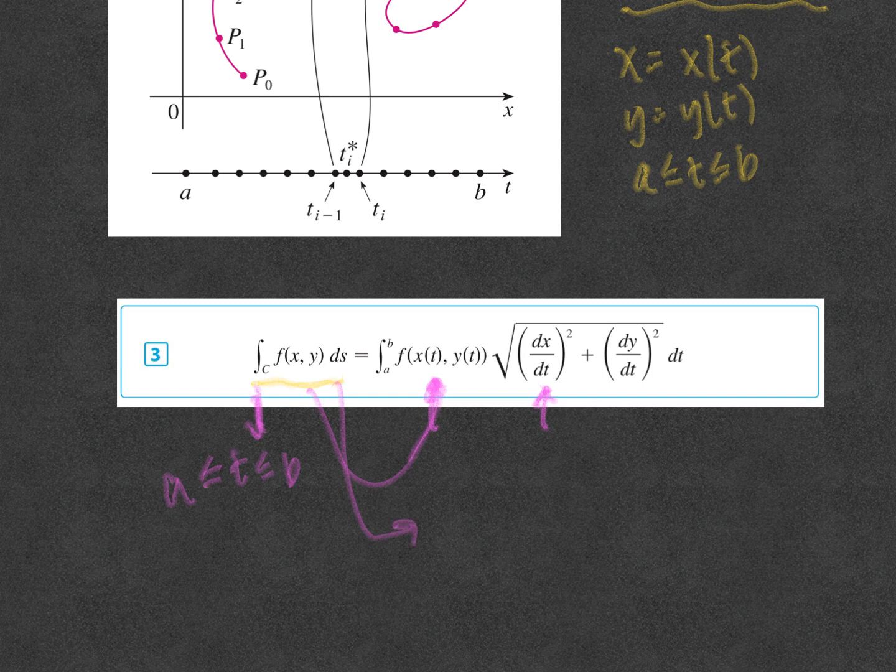And then ds is what we learned back in the arc length and the parametrization in polar, so we have the square root of dx over dt squared plus dy over dt quantity squared. This formula hasn't changed since chapter 10. It's the same formula. So life is good. So you can see how all of this fits together.